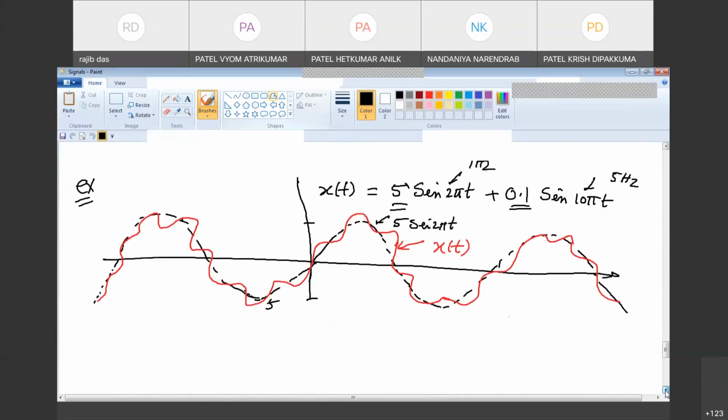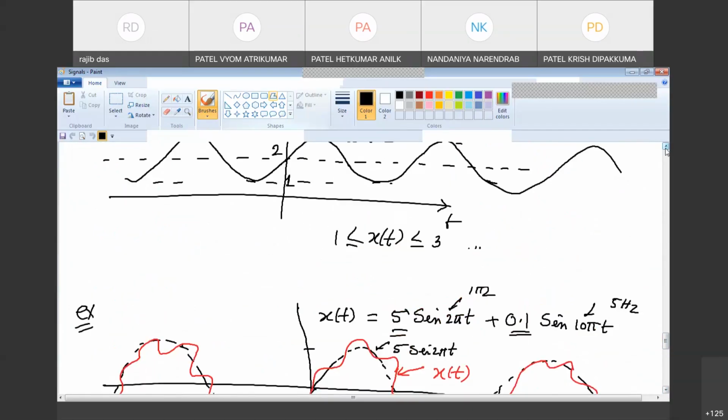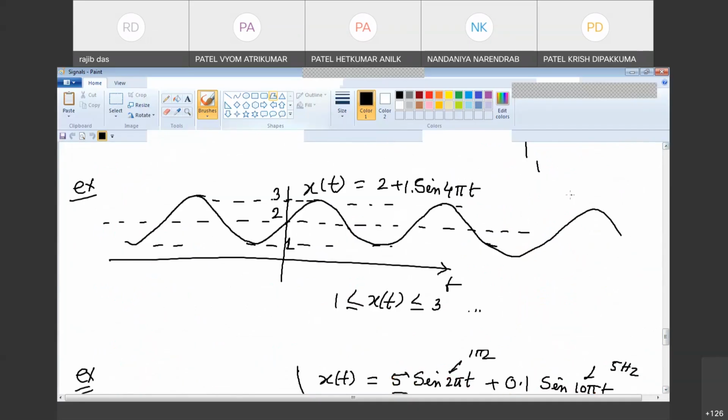And in the last example, I had considered this one. Whenever you have one constant value with a sinusoidal signal, then the level is shifted.